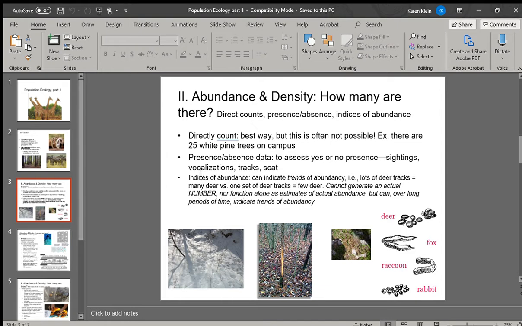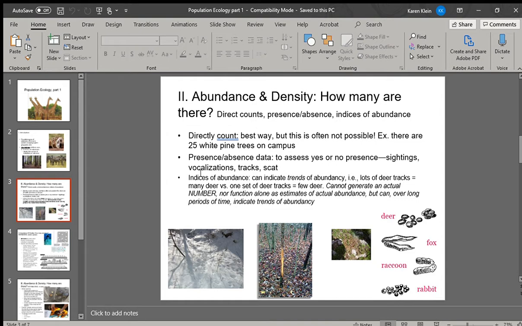But just in the past month, I saw bear scat on the trail. So yes, there was absolutely a bear there because I saw where it pooped. So I can say definitively, even though I've never seen one, that there is definitely a bear, at least one, in the woods because I saw its scat.